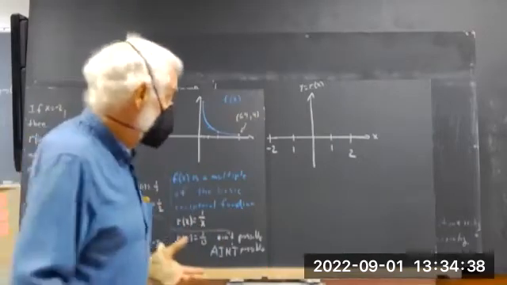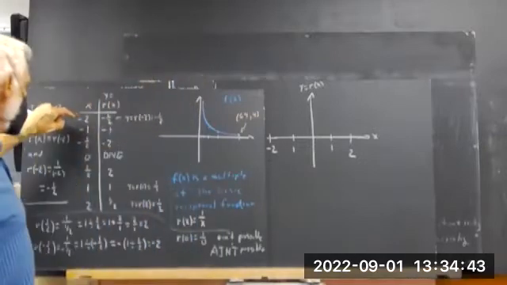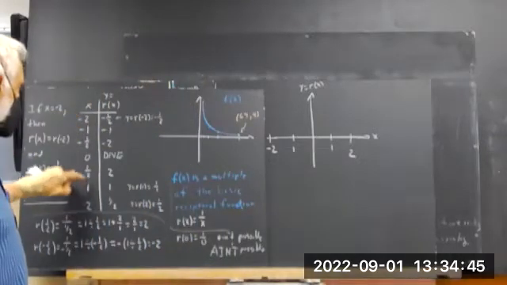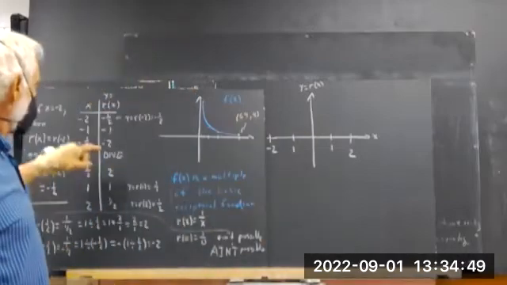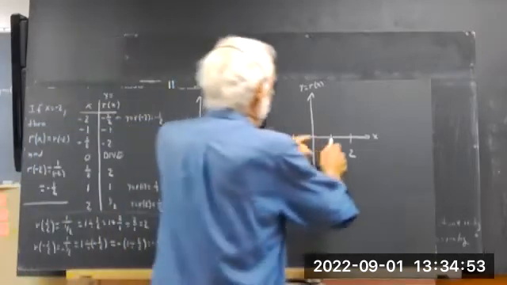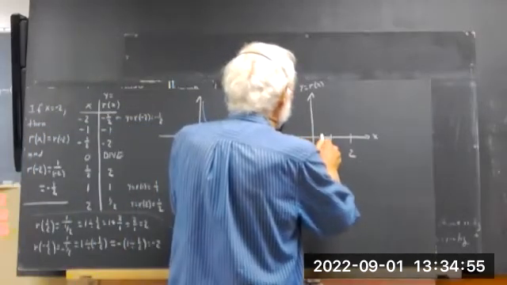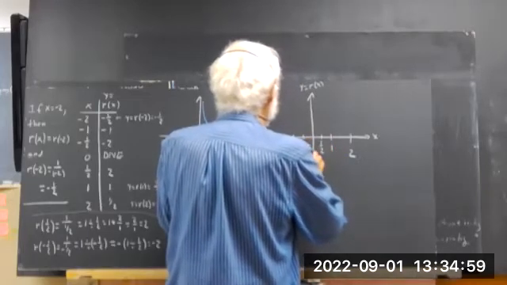Okay, well, what next? Well, I've got now x values -2, -1, 1, 2. 0 is easy, that's the origin, okay? And where's 1/2 and where's -1/2? I take this interval and I go halfway to the origin.